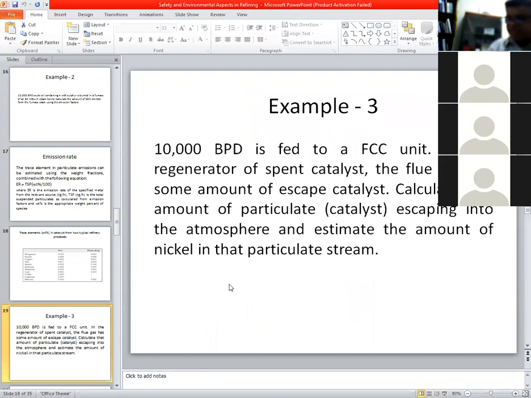Now we have to calculate the emission. Here the volumetric flow rate is given, and the emission factor we have found. So now we can calculate the amount of catalyst emission from the feed, because the feed volumetric flow rate is here. We have taken the emission factor. So emission factor times the flow rate, we calculate the emission rate.